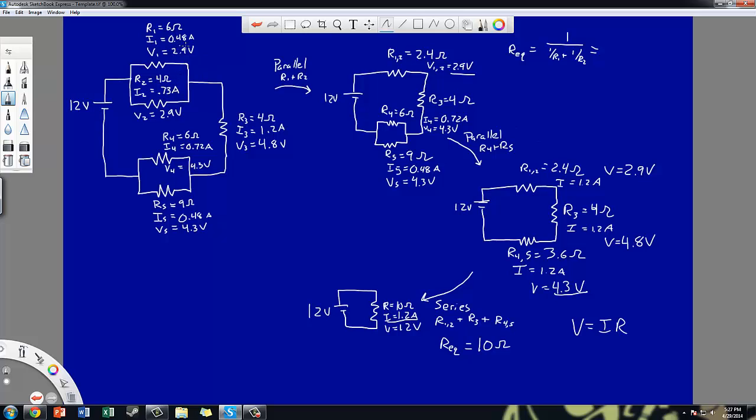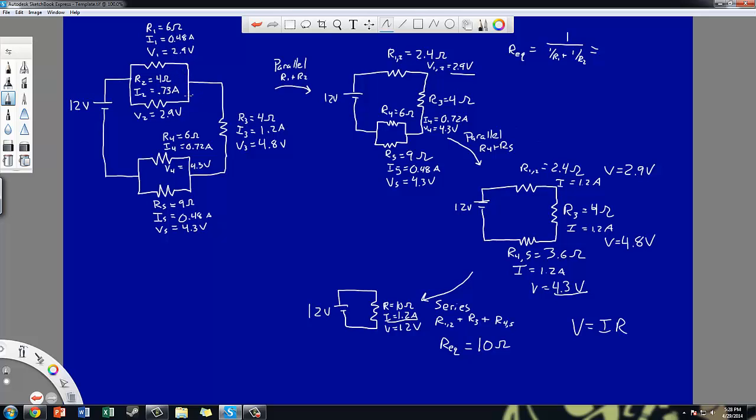If I add up those current values, I actually get 1.21 amps. Not a problem. As I've mentioned in other videos, when we're doing rounding and significant figures and things like that, we're bound to get numbers that don't match up 100%, but I get 1.2 amps through this when they're combined, and I get 1.21 here. It's not a big difference, and it's not something that I really need to worry about.